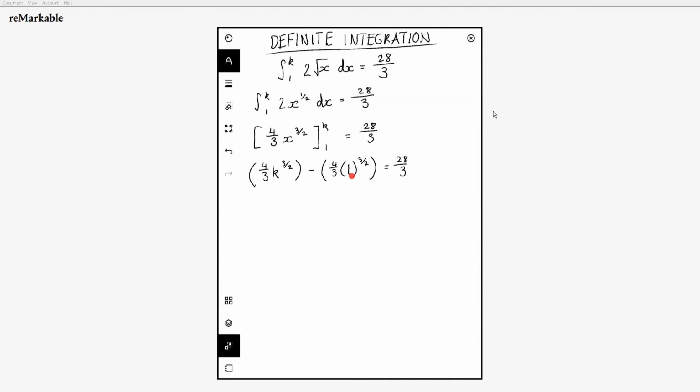If you do 1 to the power of 3 over 2, that's just 1 multiplied by 4 over 3, that's just 4 over 3. So then we get 4 over 3 k to the power of 3 over 2 minus 4 over 3 equals 28 over 3.